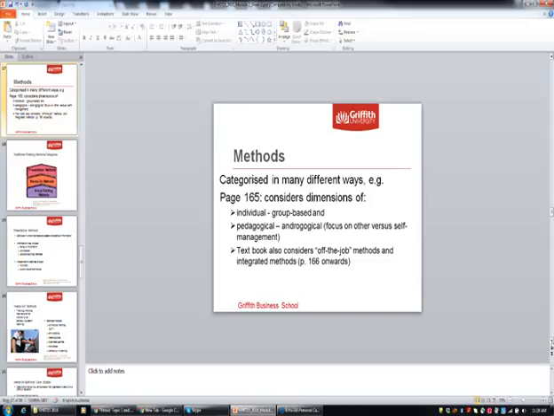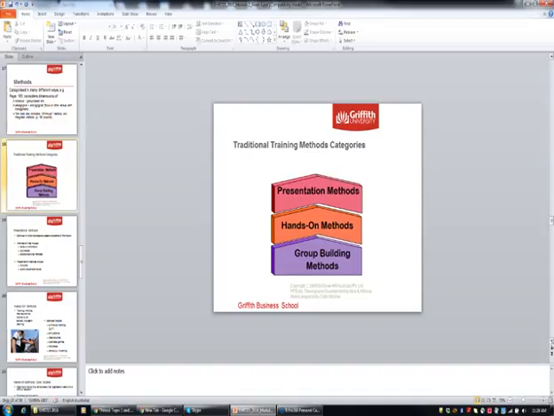So the textbook gives quite a lot of details there, but what do you think? Other times you'll see categories like presentation methods, so that's more from the front, a lecture, hands-on methods, so people doing things, and then more group building methods, which is this important idea of team building and cooperation and decision making in a group, how to get at those things.